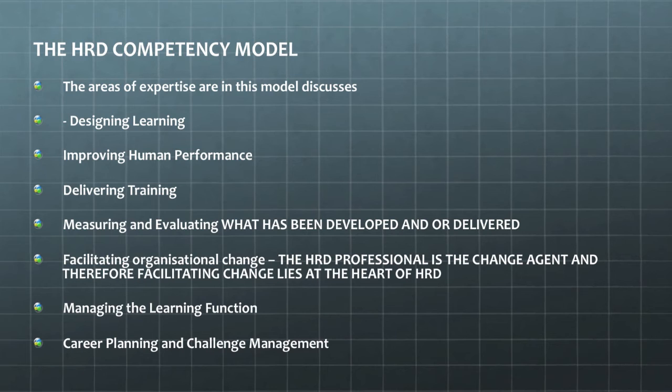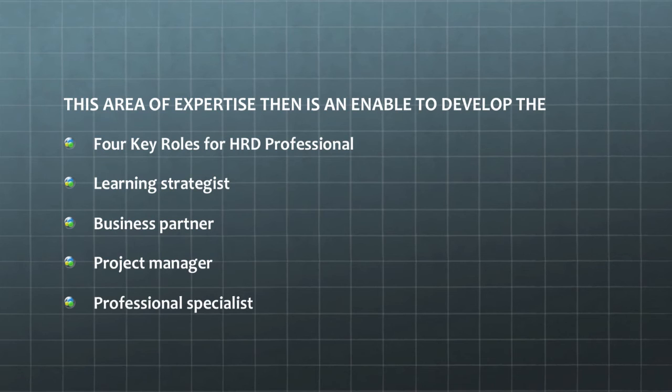The human resource development professional is the change agent for the organization, and therefore facilitating the change process lies at the heart of human resource development. Another area is managing the learning function. Then we come to career planning and challenge management. This area of expertise then is an enabler to develop the 4 key roles for the human resource development professional.